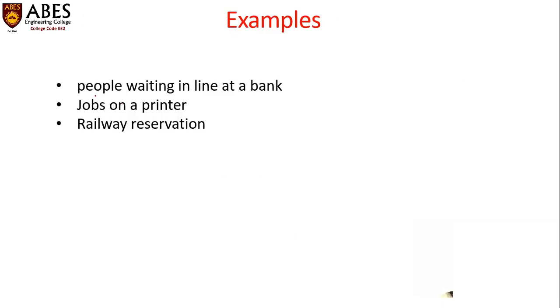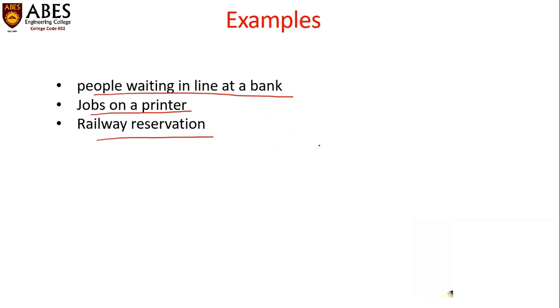These are certain real life applications of the queue. People waiting in a line at a bank, jobs on a printer, railway reservation. It means if we are going to a bank for certain work, then first of all we have to maintain a line.